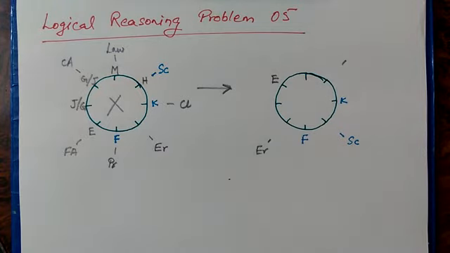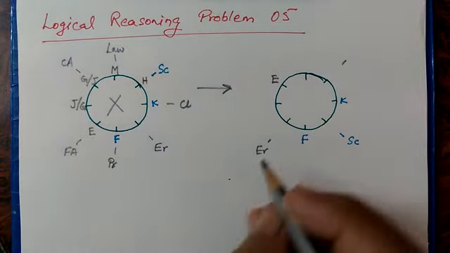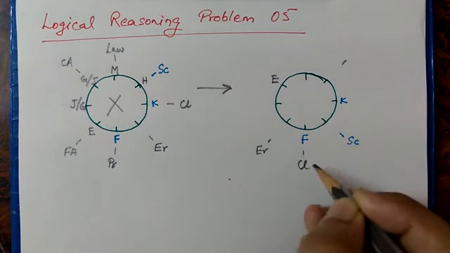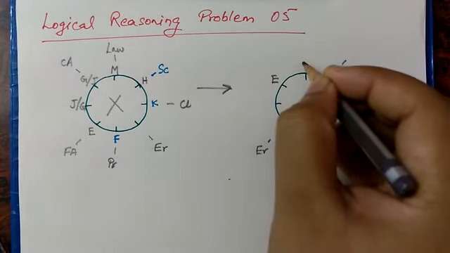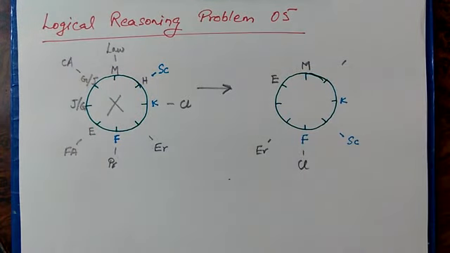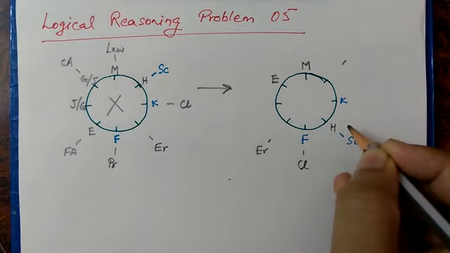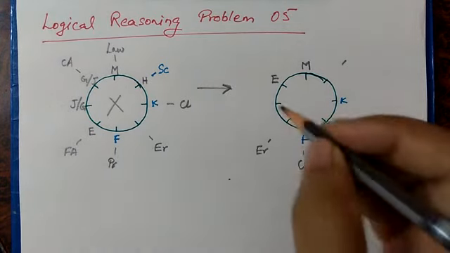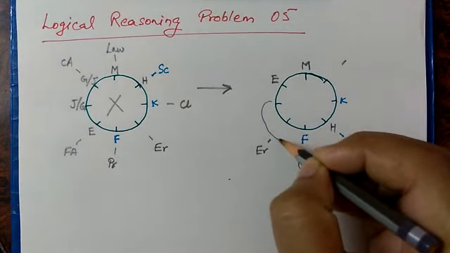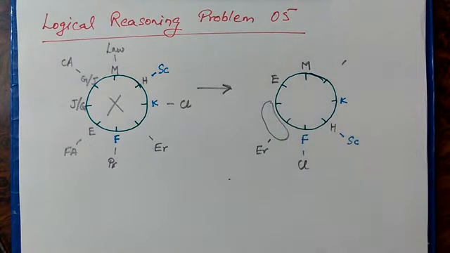The columnist is to the immediate right of the engineer, so this is the columnist. M is second to the right of K, so here is M. H is the scientist. G and J are immediate neighbors to each other, so there are 2 slots which are immediate neighbors to each other, is this one.